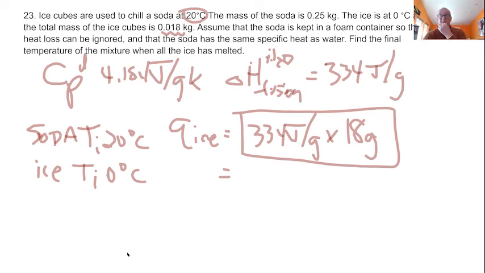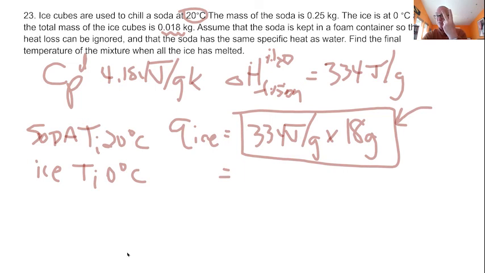That's one. See, there's two things. There's two places where the heat from the soda is going to be lost to. One is melting the ice. Two is heating that ice water to the final temperature.